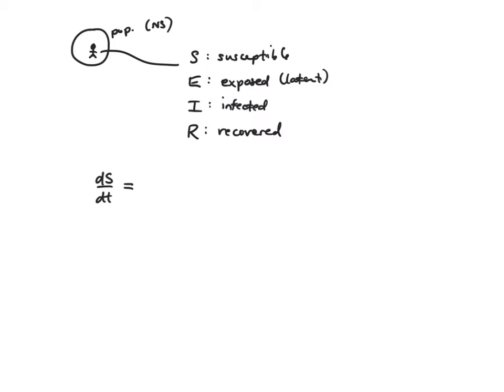There's no rate in to the susceptible population, but there is a rate out. And the rate out is caused by susceptible people coming in contact with infected individuals. And so I'm going to write a term here that's going to characterize that particular interaction. Okay, so there's a minus beta S times I over N.